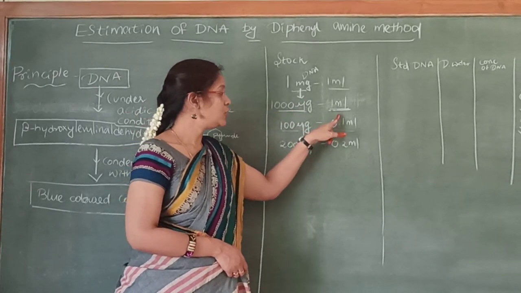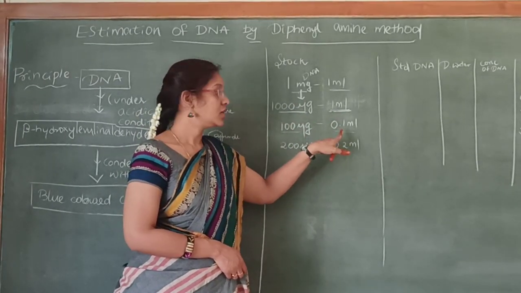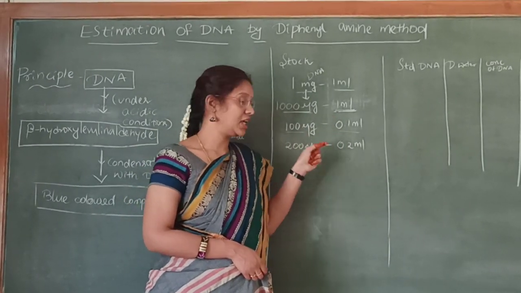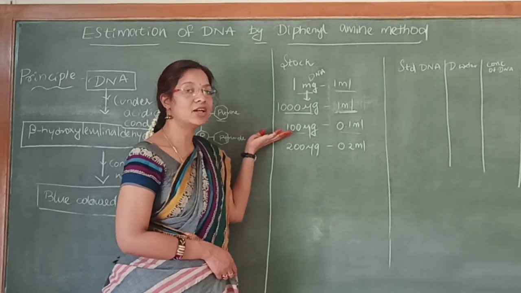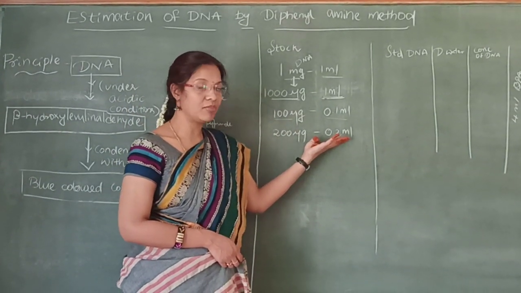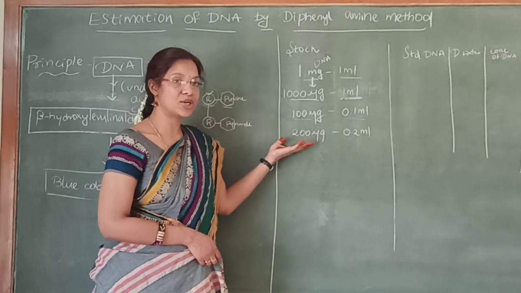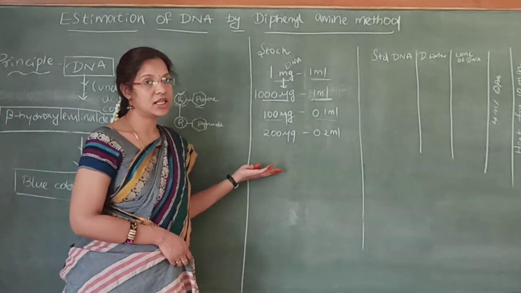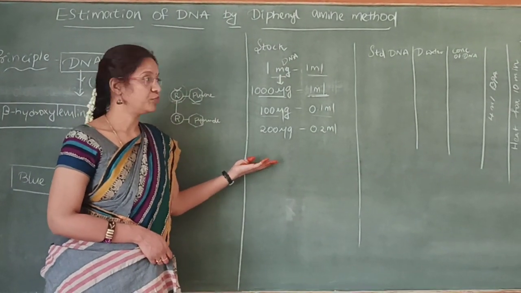When you pick 0.1 ml, whatever you are picking will have 100 micrograms. Similarly, if you are picking 0.2 ml, it contains 200 μg. If you are picking 0.3 ml, it contains 300 μg.